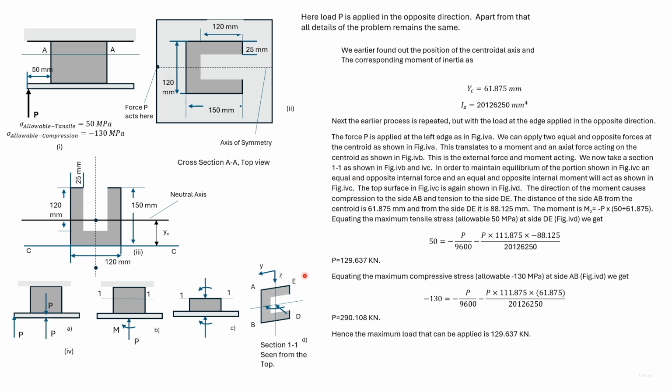The points E and D will be subjected to tensile stresses due to bending and compressive stresses due to the axial force. So first we find the stresses at E and D, which will have the maximum tensile stress in terms of P, and then equate it to the allowable maximum. This gives us a value of the load P.